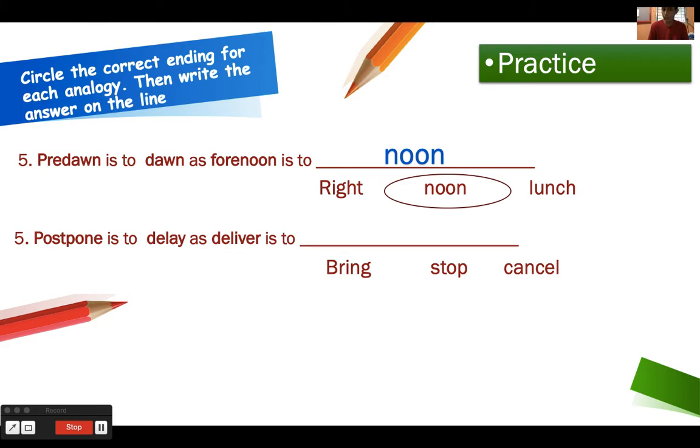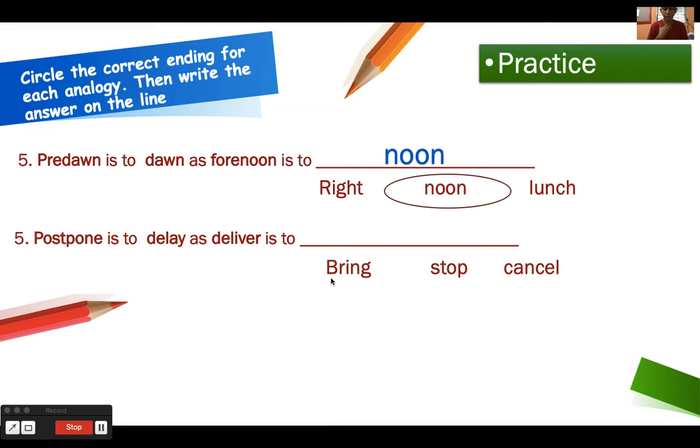Postpone is to delay. If you see, postpone is to delay something, to do something later. Postpone is to delay, as deliver is when you are giving something to somebody, okay? Deliver is to, we have three options: bring, stop, and cancel.